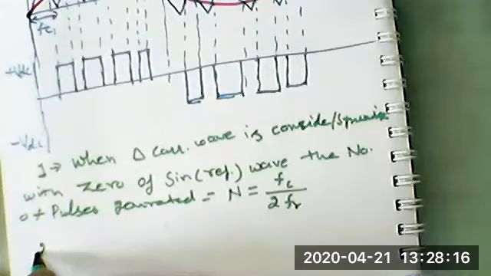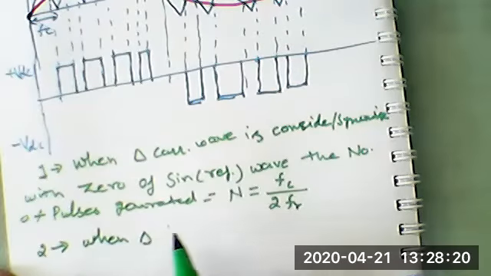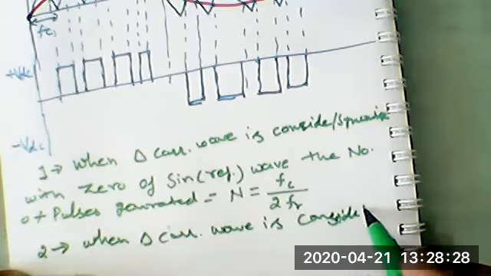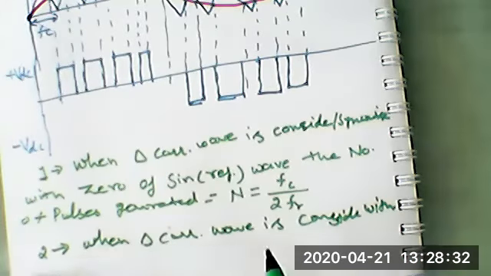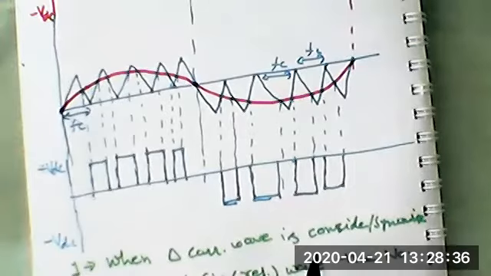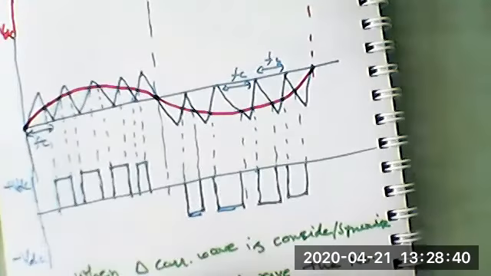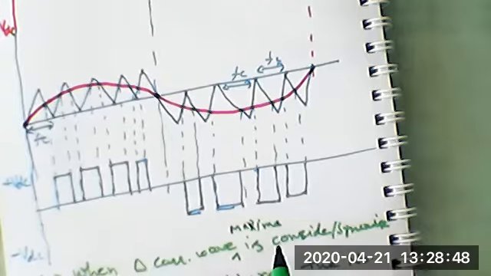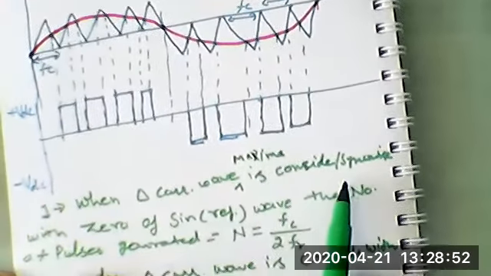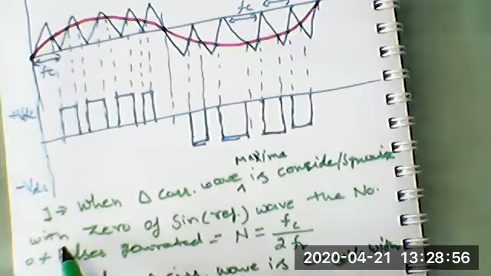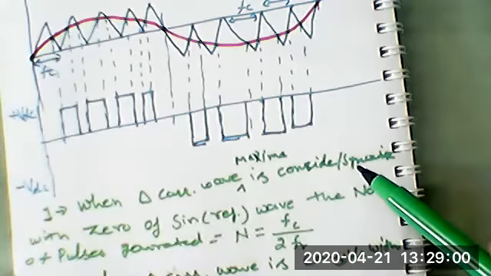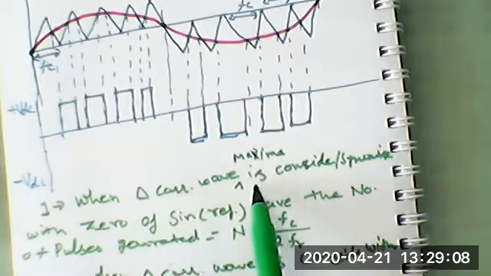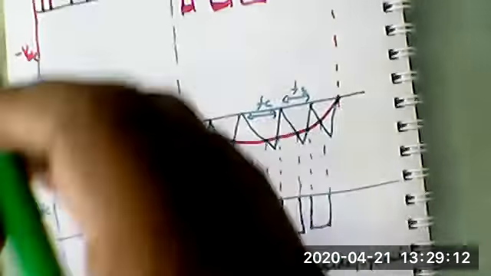Second, when the triangular carrier wave maxima coincides with the 0 of the sine reference wave, right? Here you just do a small correction: when the triangular carrier wave maxima is synchronized with 0 of the sine reference wave.